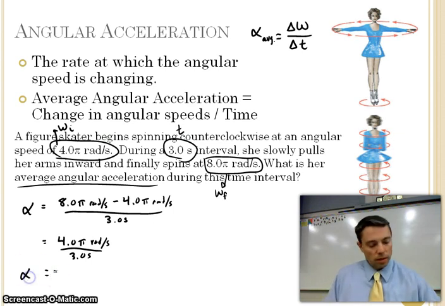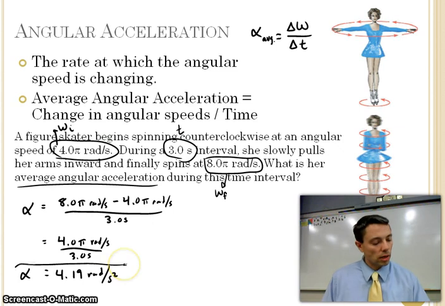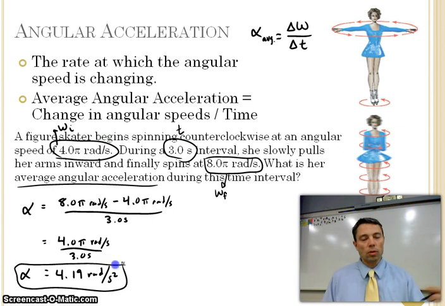So my angular acceleration comes out to be 4.19 radians per second squared. It's radians per second squared, very similar to meters per second squared. So we see that similarity between what we're looking at.